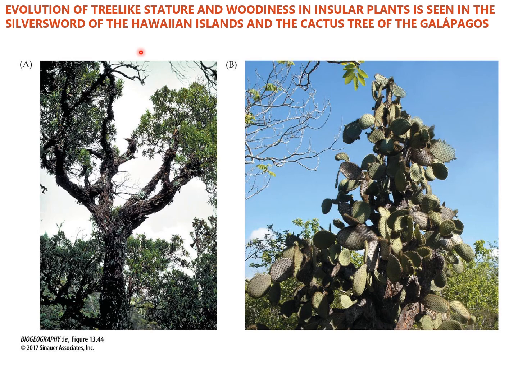Plants have a different sort of thing where they tend to evolve tree-like stature and woodiness when they show up on islands. So that may not be a trait that helps you get to the island. Obviously, being able to disperse your seeds really far is probably more beneficial to getting to the island.